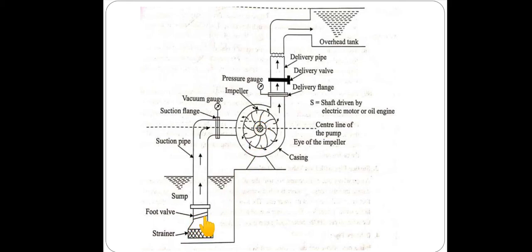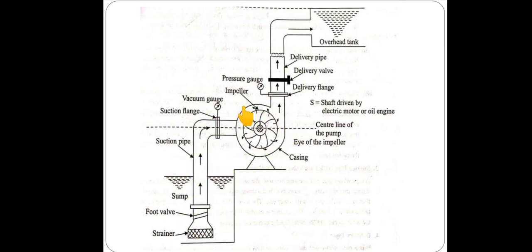It allows water to go in only one direction. So when we switch on the pump, water goes to the overhead tank, and when we switch off, whatever water is there in the impeller will not be allowed to go back to the sump due to gravity. This foot valve stops the water in the reverse direction.